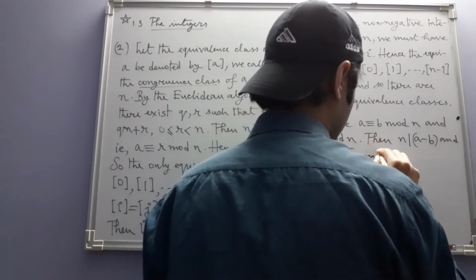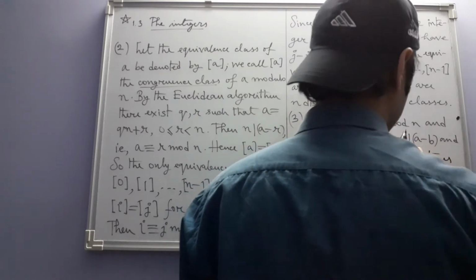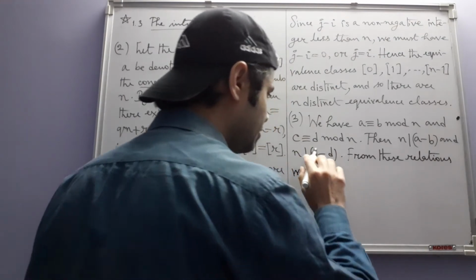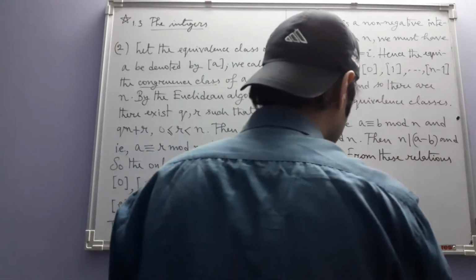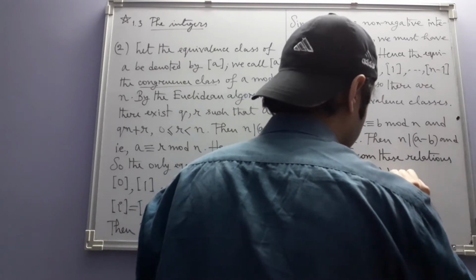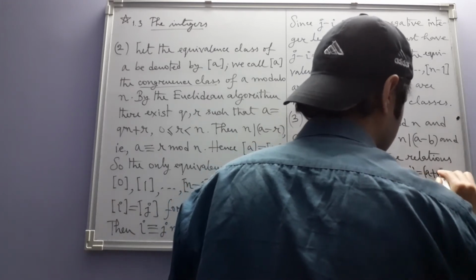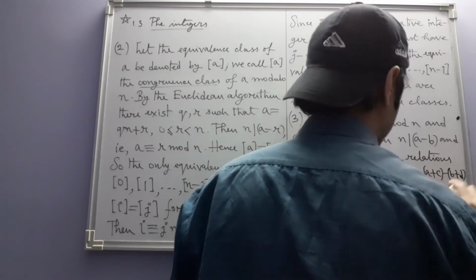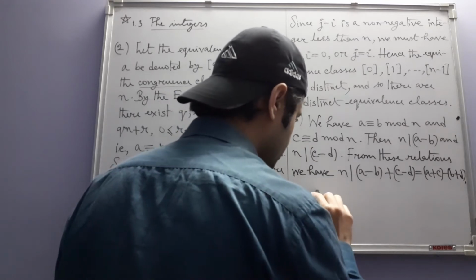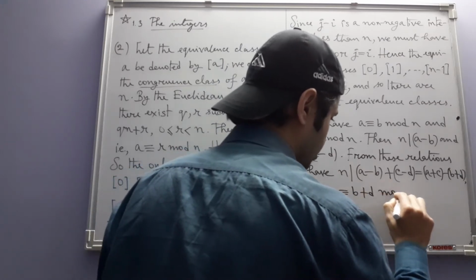From these relations, I mean these two relations we have, if n divides these two integers, then n also divides their sum, A minus B plus C minus D, which is nothing but A plus C minus B plus D. That is, A plus C is congruent to B plus D mod n.